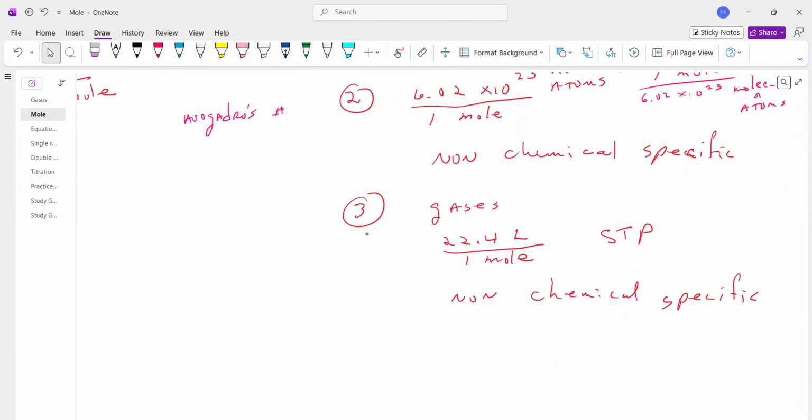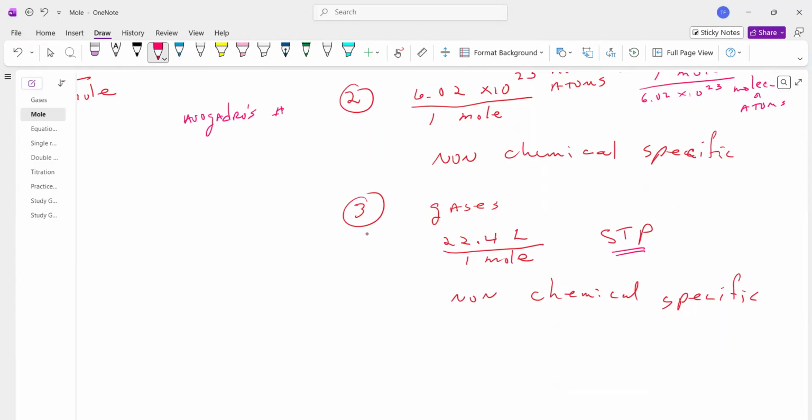So in all gases, no exceptions, there is 22.4 liters in 1 mole. All gases. Now, the gas has to be at standard temperature and pressure. Otherwise, it's not 22.4. It's going to be something else.